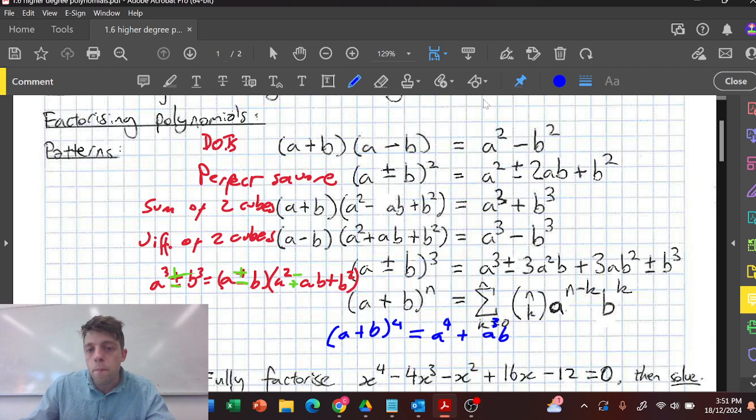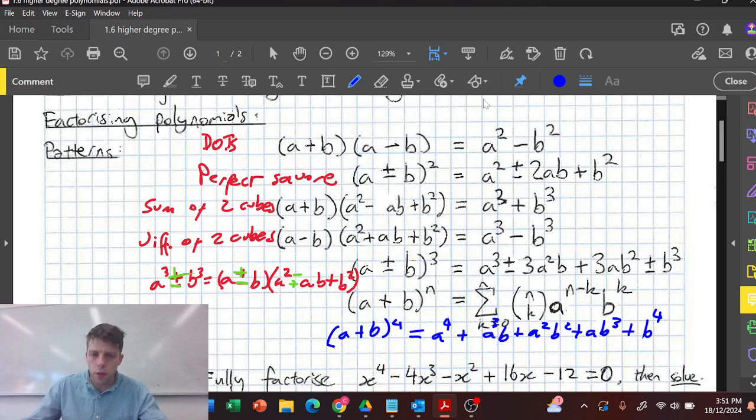So this is like b to the power of 0, which is 1. So you can imagine there's a b to the power of 0 there. Anything to the power of 0 is 1. And then we have times a to the power of 4. Then we have a to the power of 3 times b to the power of 1. Then over here we have a squared and b squared, so both to the same power. And then this is a b cubed, and this will be b to the power of 4.